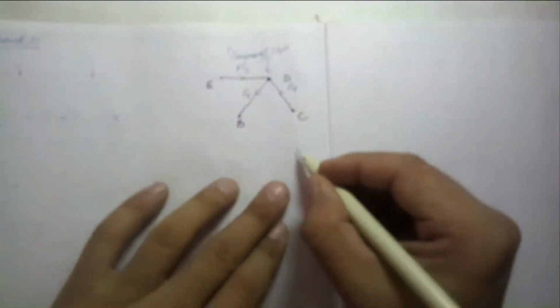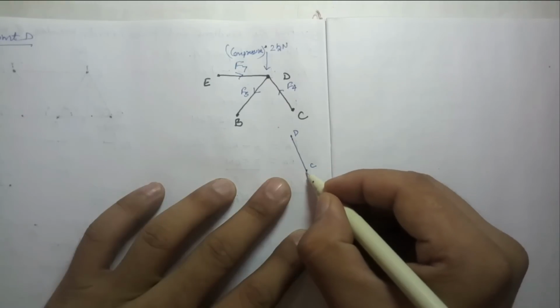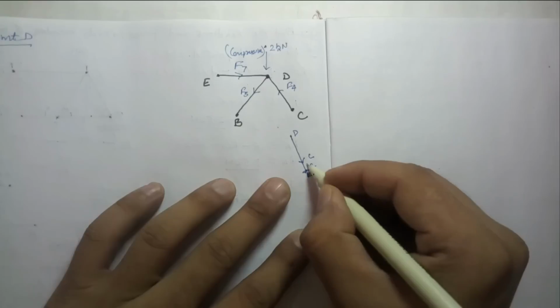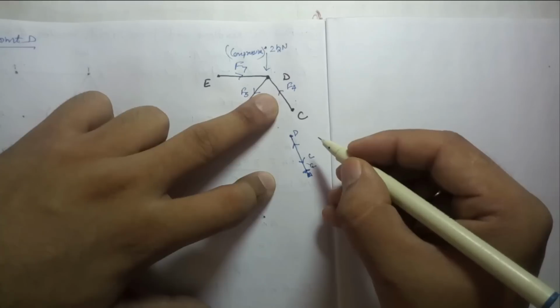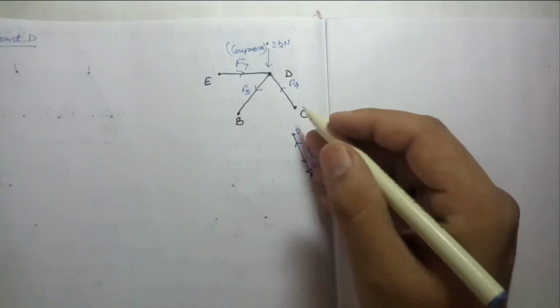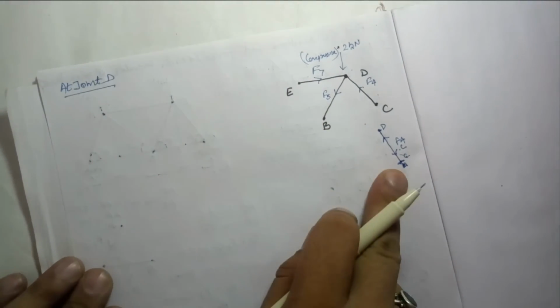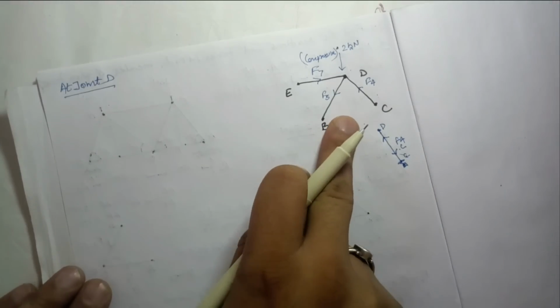This is compressive, let's say this was the link member DC. For joint C, we found that it is compressive. If it is compressive in this way, it will be compressive for this joint also. That is why we have taken F4 like this. The value will be the same, but the direction will be this. So remember this concept: when you find the force in a member, take the direction in this way.